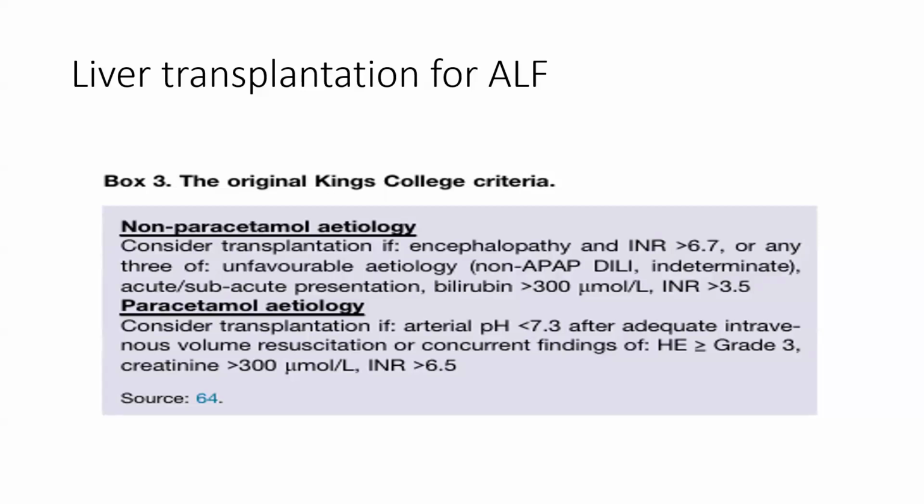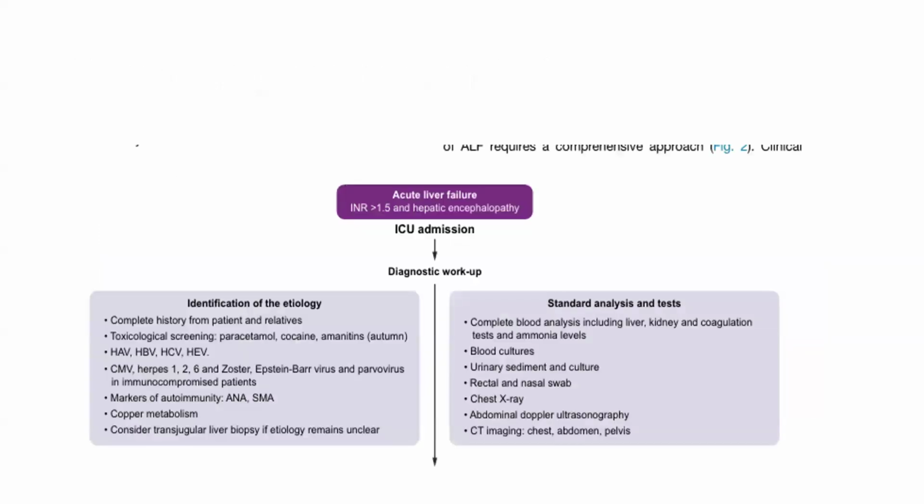If there is paracetamol etiology, then consider transplantation if arterial pH is less than 7.3 after adequate intravenous volume resuscitation, or concurrent finding of hepatic encephalopathy grade more than or equal to 3, creatinine more than 3, or INR more than 6.5.